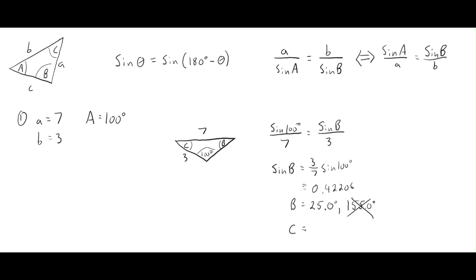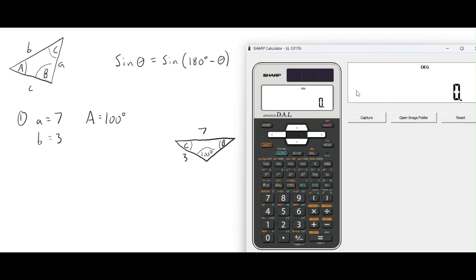C has to be, so A plus B plus C has to be 180 degrees. So that means that C must be 180 minus A minus B, and that is... I don't want to make a mistake in the video.